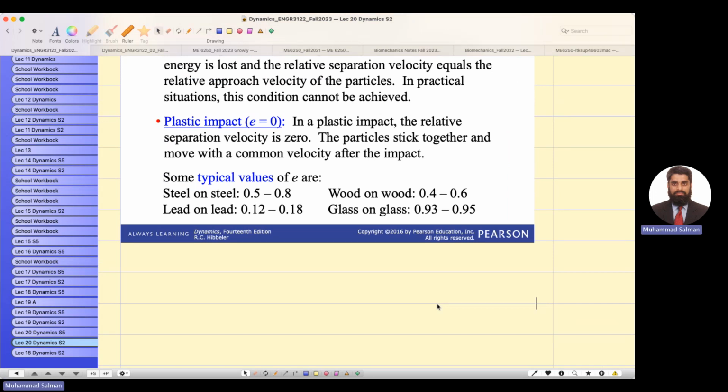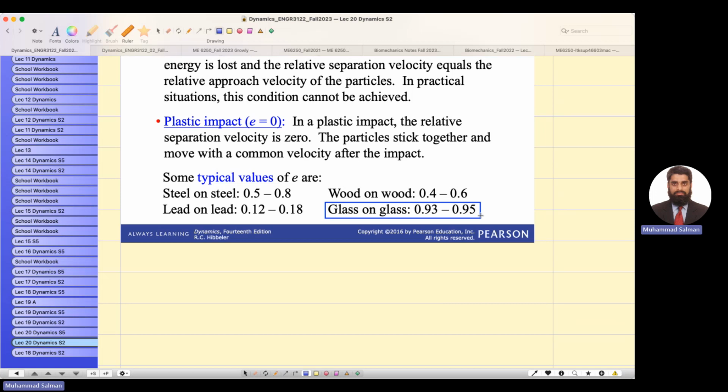You can see 0.95 for glass when it is hit by glass. You may see some glass particles, small balls. I have seen some small jumping balls, so you can hit them. It's a material property.